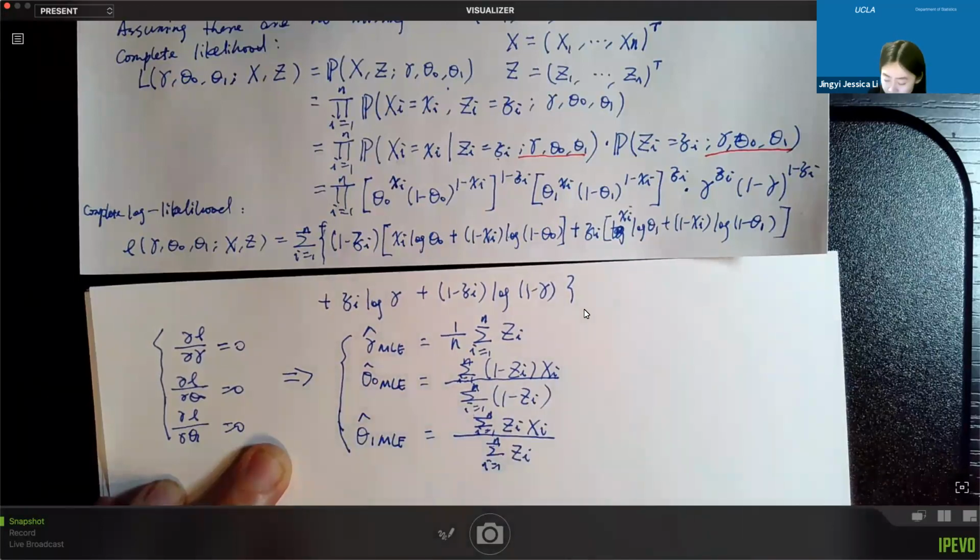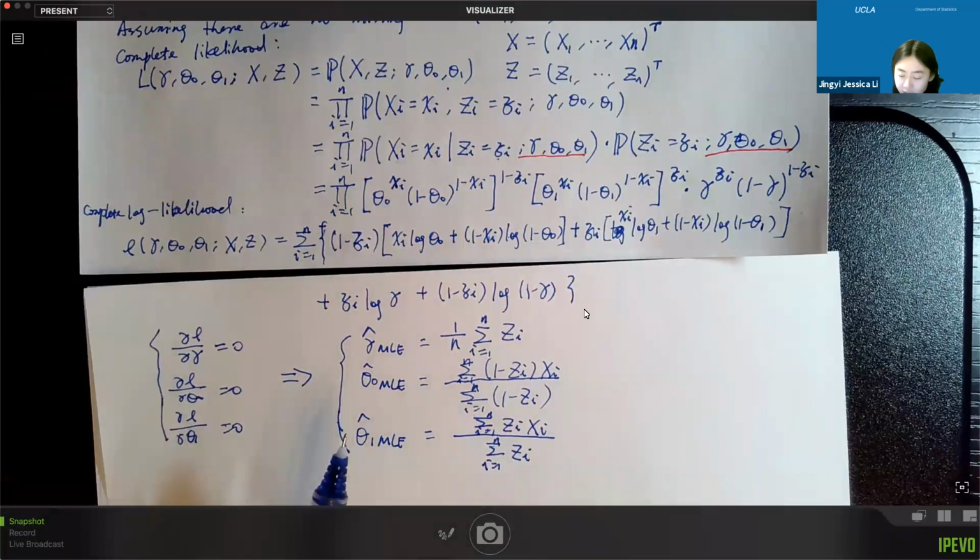So it makes sense. And for theta 1 hat, I'm counting the people whose Zi is 1, which means they're conservative. Among those conservative people in my sample, I counted what proportion of them voted yes. So that's also agreeing with the definition of theta 1. So the only difference is that theta 0, theta 1, gamma are population parameters, while here I'm computing estimates from my sample.